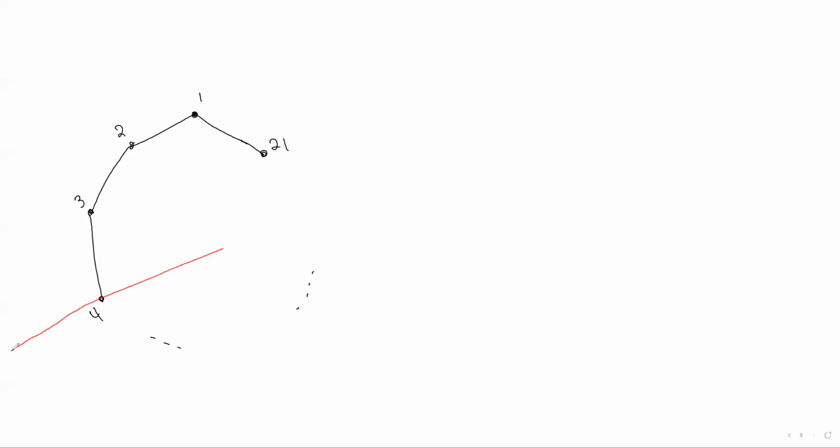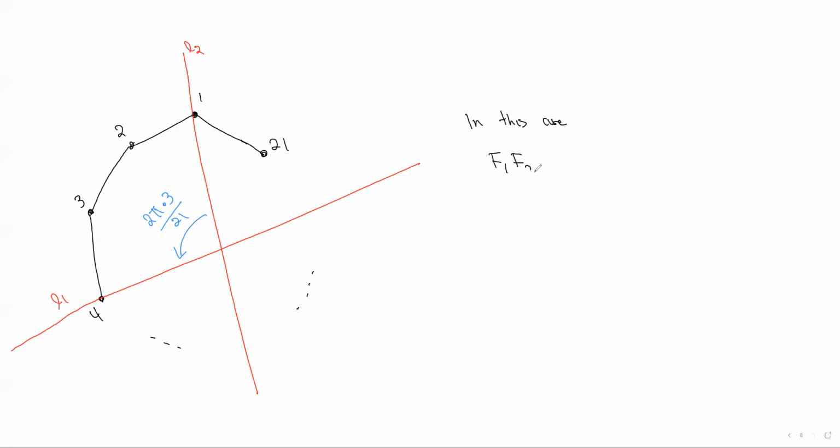So this should be L1, and then this should be L2. And then this angle is 2 pi times 3 over 21. So then in this case, F1, F2 is the rotation by 2 pi times 6 over 21, which has order 7.